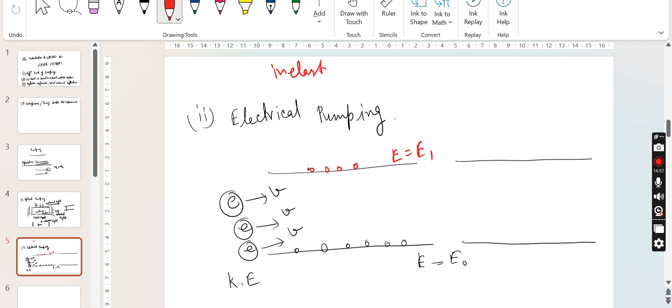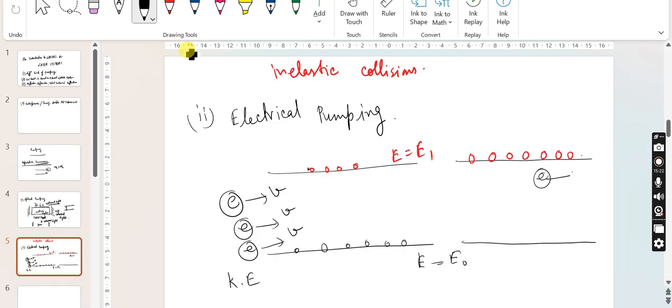Remember, these are all inelastic collisions. After these collisions, the ground state atoms go to a higher energy state, and the electrons lose some of their kinetic energy, so their velocity changes.